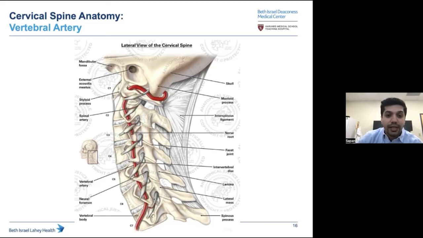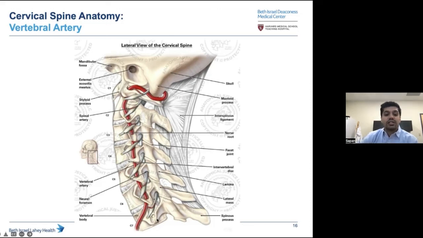So if you look at the artery right here, this is a lateral view. Usually the vertebral artery enters the cervical canal at C6, okay, and runs through the vertebral foramen through C2 and C1, and then does that circuitous route that I described earlier, where it runs over the posterior ring of C1 before it goes into the foramen magnum.